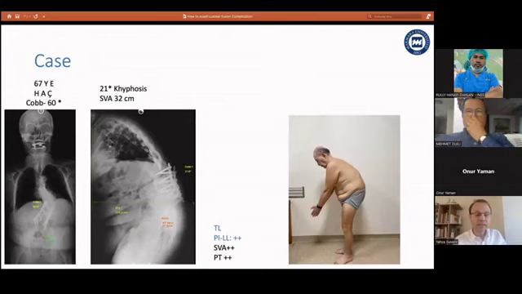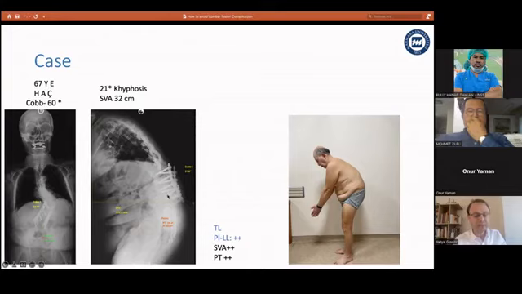Another and last case is a patient who again has instrumentation, but there are some wrong things, because this is not a rod, this is a plate rod, and these devices can't make enough lordosis here.